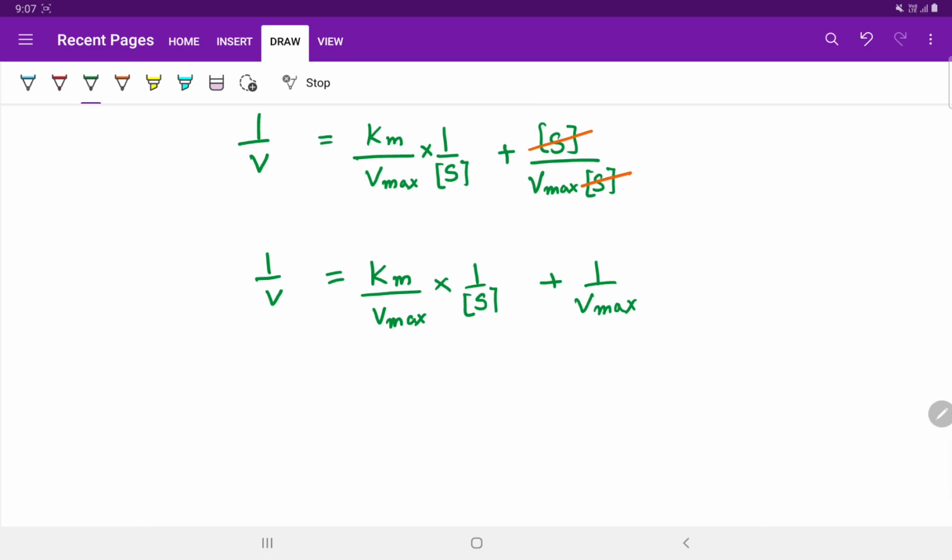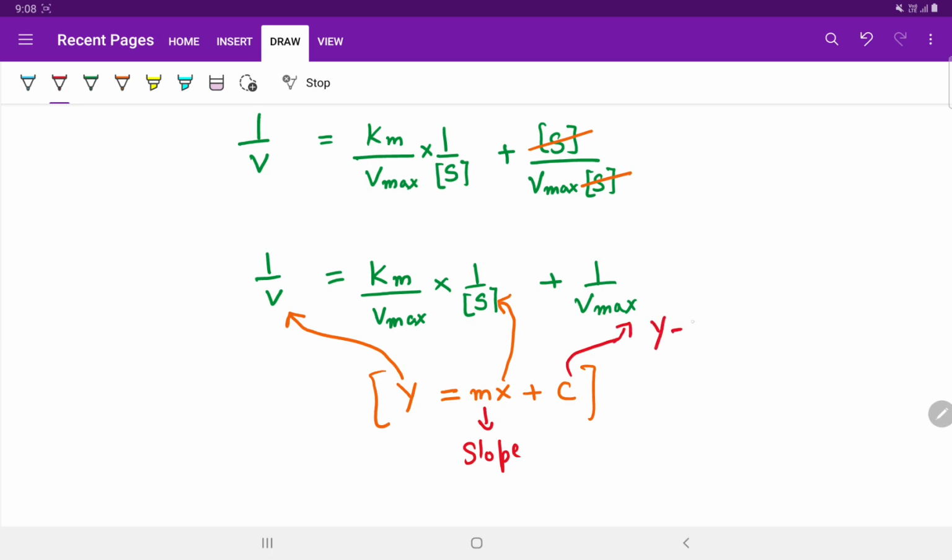So the above equation is similar to that of the straight line equation. So you can easily see from here that if the y-axis is represented by this and the x-axis by the reciprocal of the substrate concentration, then m will be the slope and c will be the y-intercept.